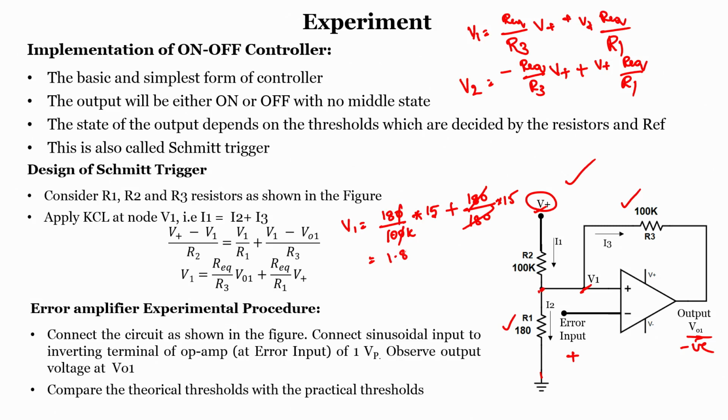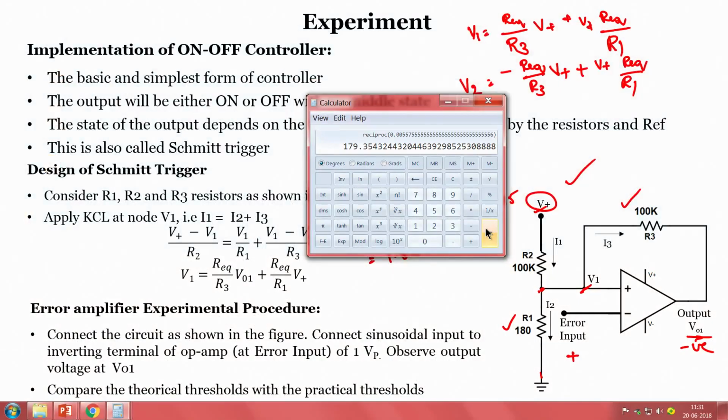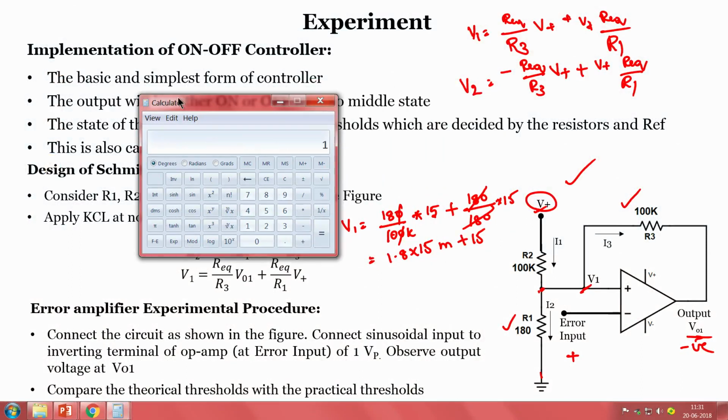So, 1.8 into 15 milli plus 15. So, 1.8 into 15 into 0.001, it is milli, plus 15. So, one threshold is 15.027.